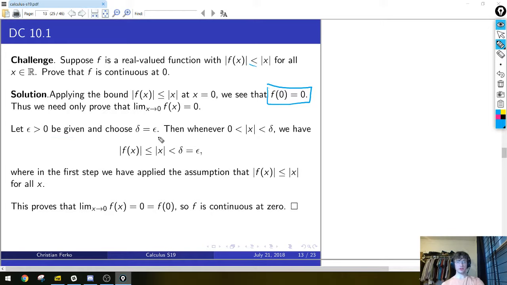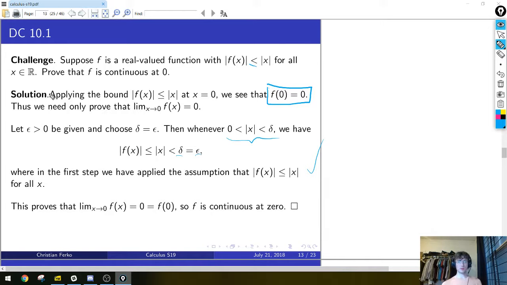Then we can choose delta equals epsilon, or delta equals epsilon over 2 also works, or delta equals epsilon over 90,000 also works. Any of those choices will have the property that when the absolute value of x is between 0 and delta, then using this definition, the absolute value of f of x will be upper bounded by delta and therefore also upper bounded by epsilon, using that assumption.